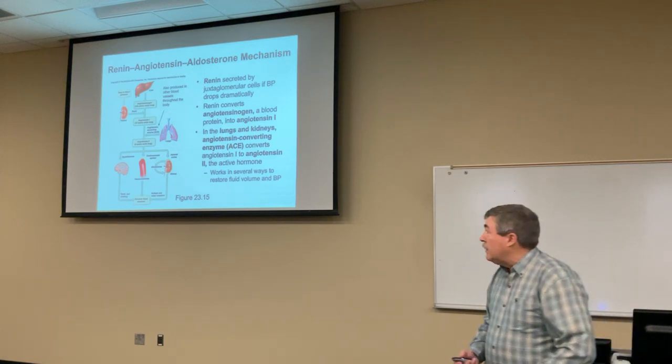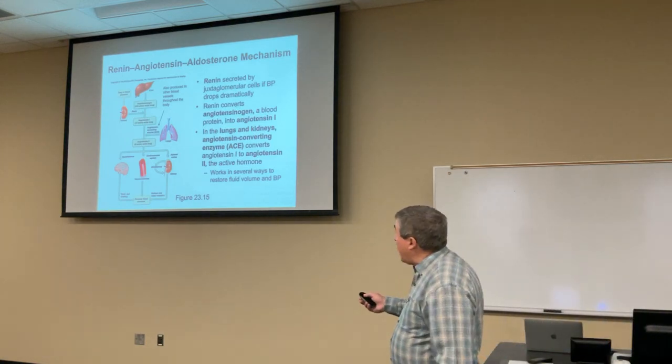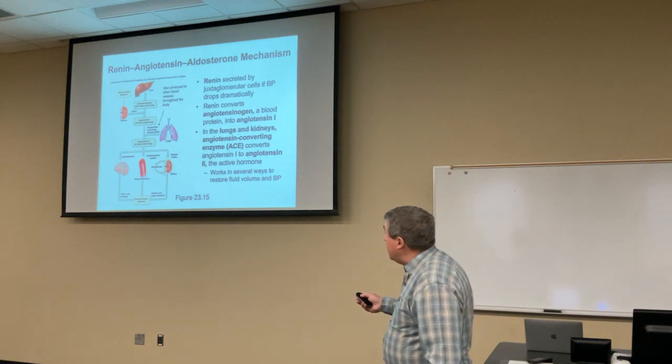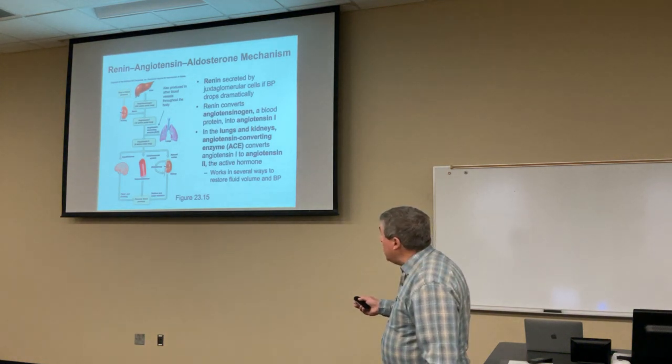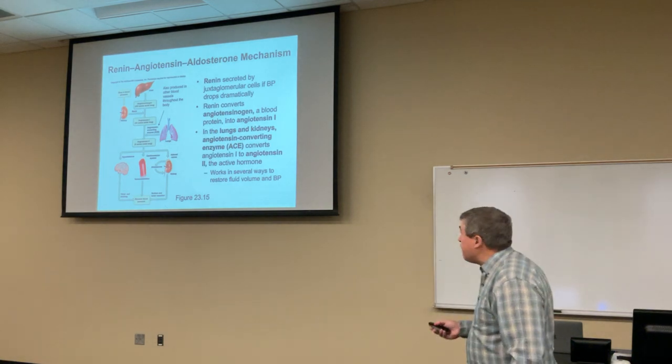So a drop in blood pressure causes kidneys to release renin. Renin converts angiotensinogen to angiotensin 1. Angiotensin 1 is converted into angiotensin 2 by angiotensin converting enzyme.